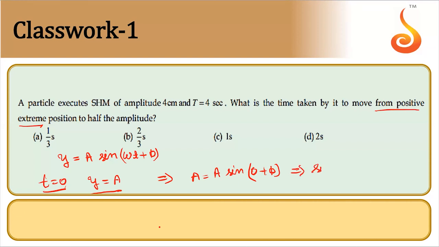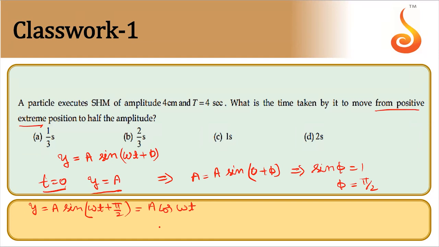This means sine phi is equal to 1, that is phi is equal to pi by 2. So what do you get? Y equals a sine of omega t plus pi by 2, that is equal to a cos omega t. This is the equation, right?